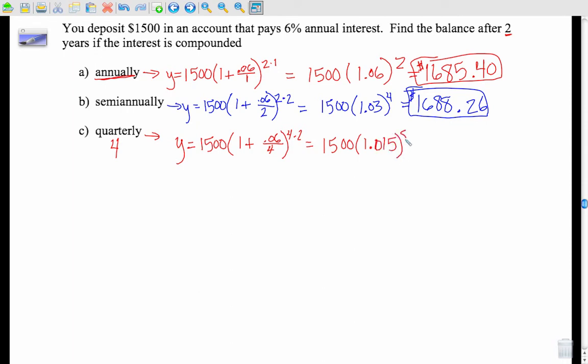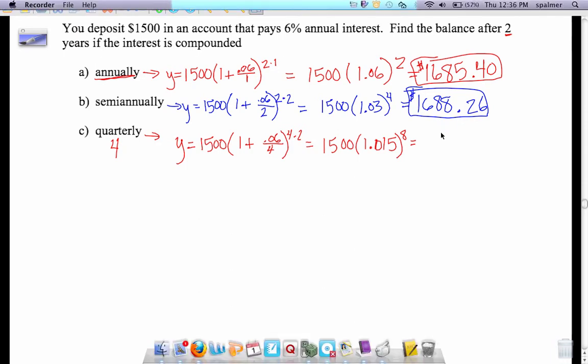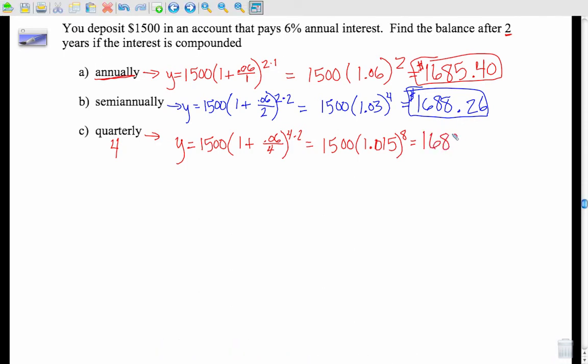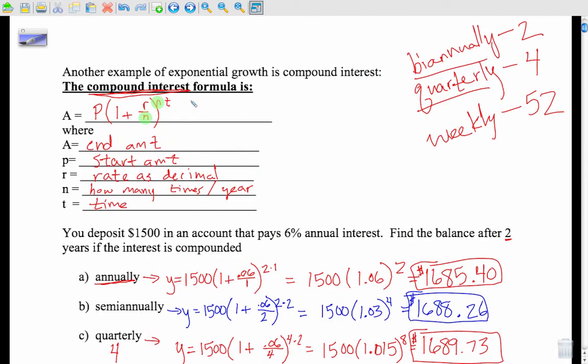So we end up with 1,500 times 1.015 to the 8th power, which again, grabbing your calculator to check, will give you $1,689.73. So slight difference. This is used in banking and marketing and so on quite a bit. So the key thing to remember here, it's the exact same formula as it was before.